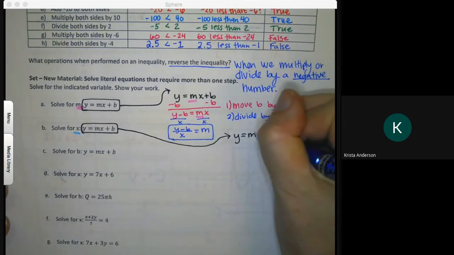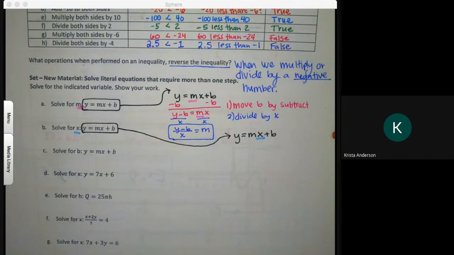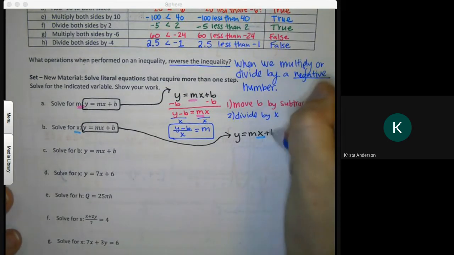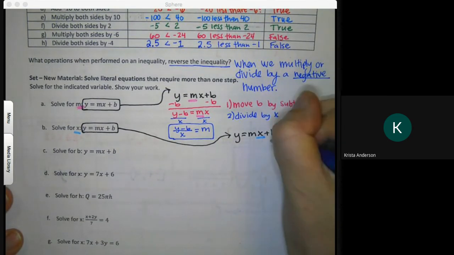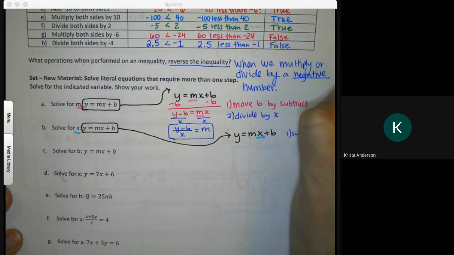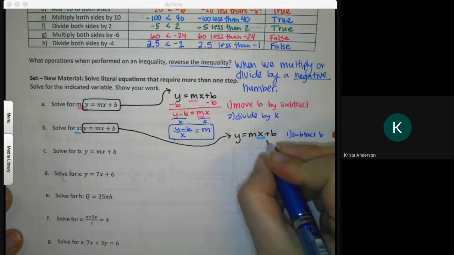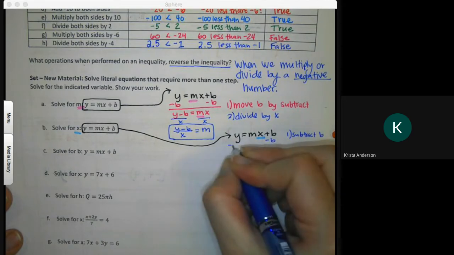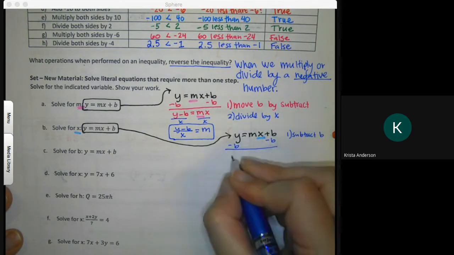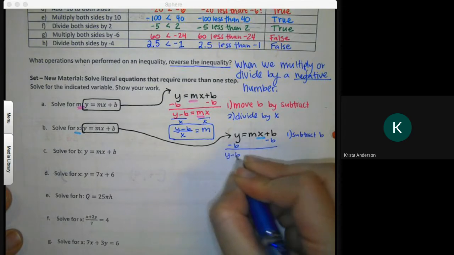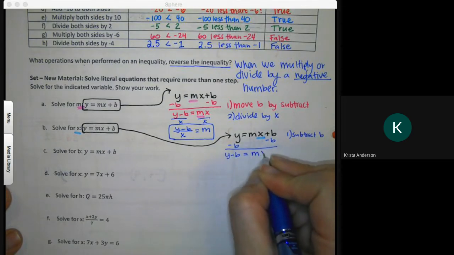I have my x here. It's stuck on the m. The b is off to the side. I'm going to move the b first by subtracting b. That gives me y minus b is equal to mx.